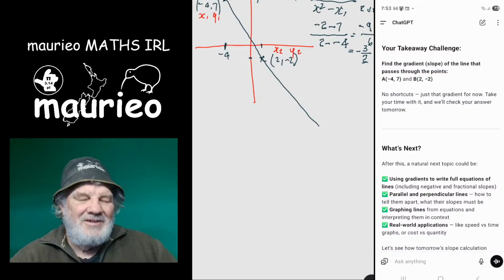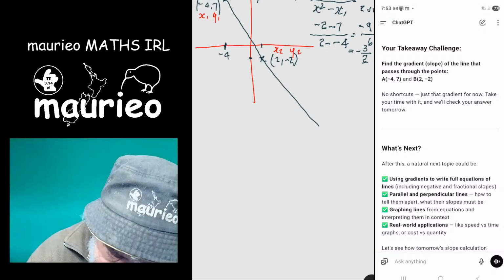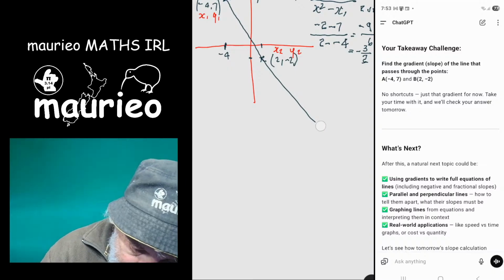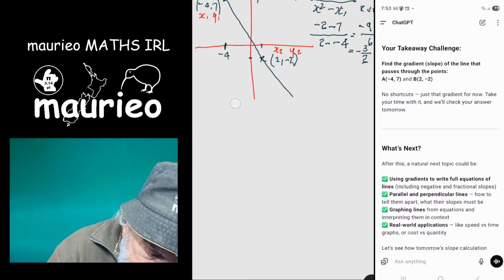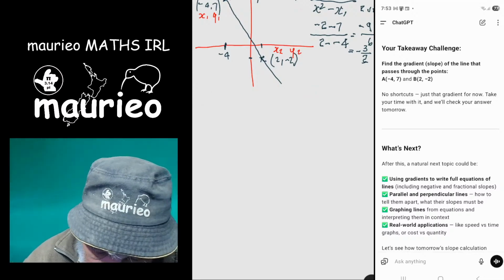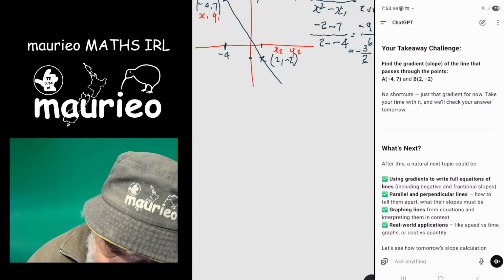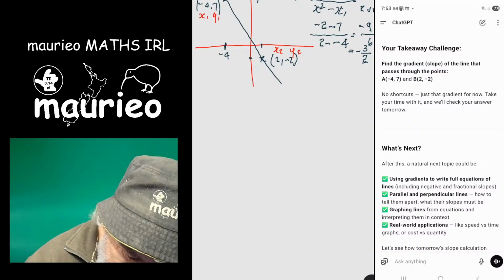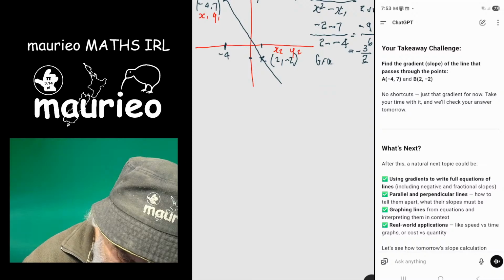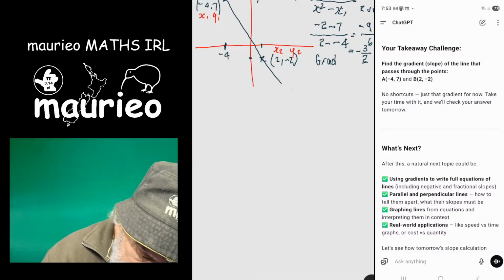Funny that, isn't it? Okay, I'll just make sure I've got plenty of room here. Just do a little tidy up here. Okay. All right. So that's our gradient there. Gradient, M.